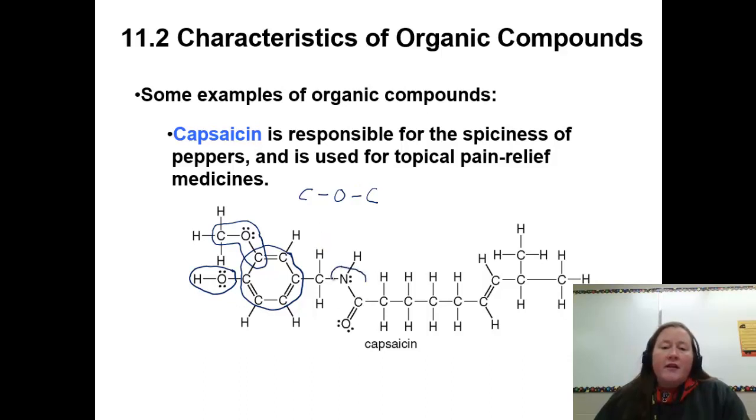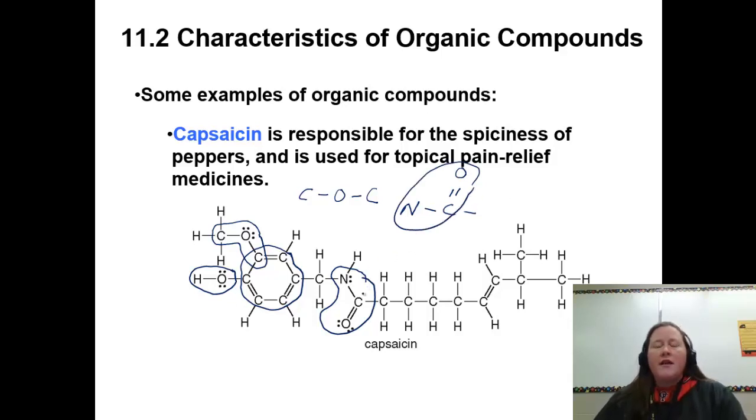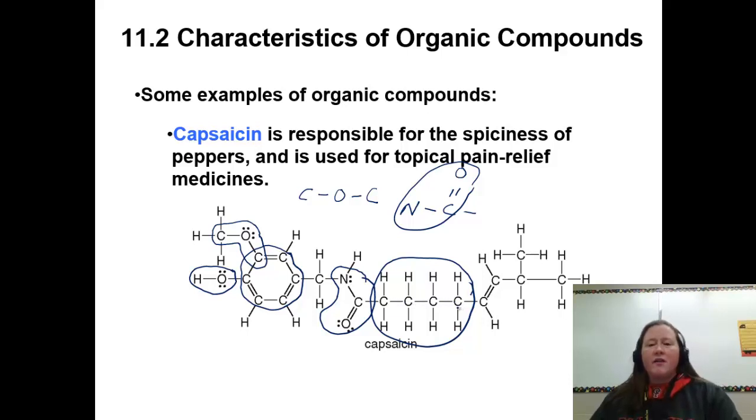This structure right here, in which we have nitrogen, carbon, double bonded to an O, is called an amide. This portion of this molecule consists of a carbon chain with no double bonds. This portion would be an alkane.